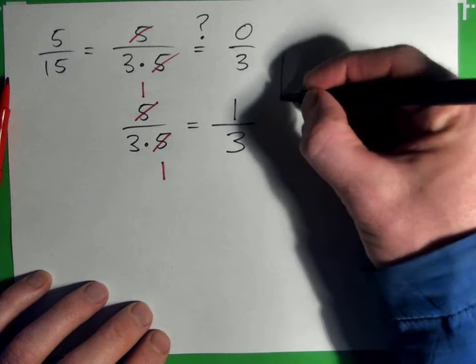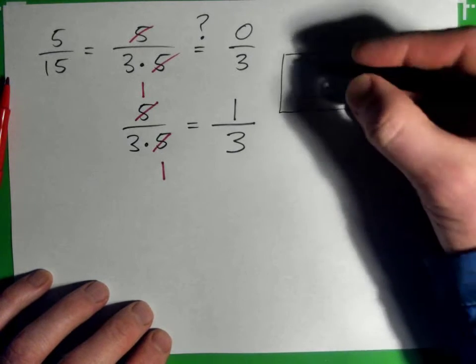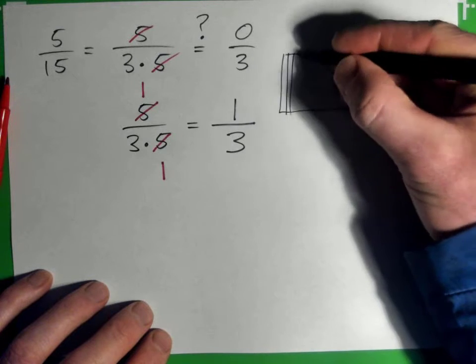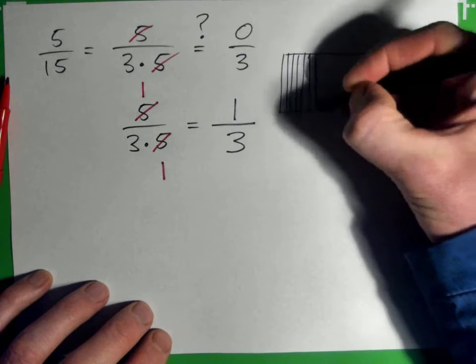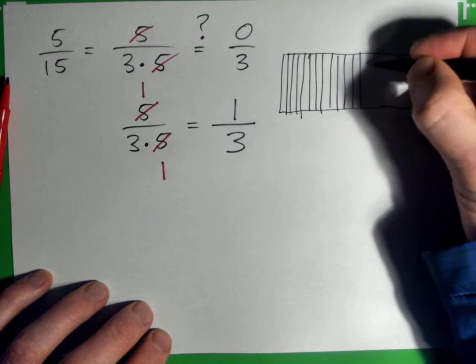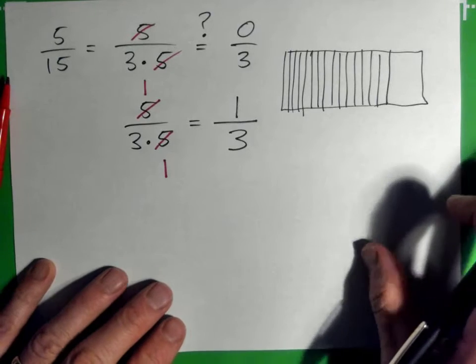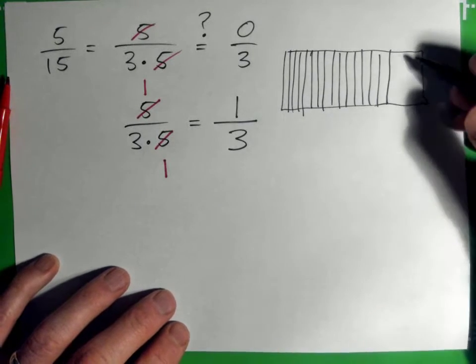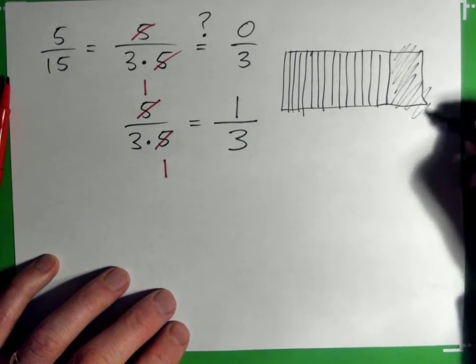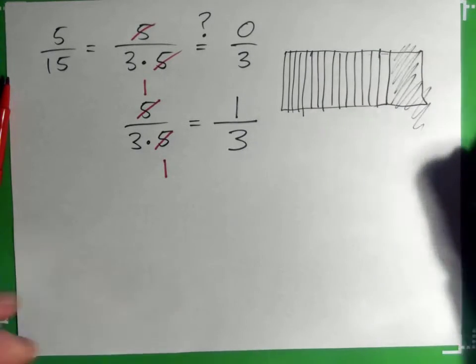Yeah, so if I'm to be really crazy about it, let's see, 1, 2, 3, 4, 5, 6, 7, 8, 9, 10, 11, 12, 13, 14, 15, and try to ignore this part. It's a mess, sorry. But here's a rectangle split into 15ths.